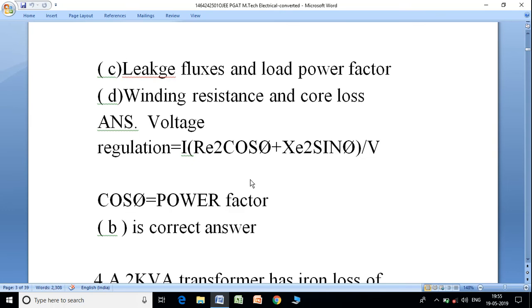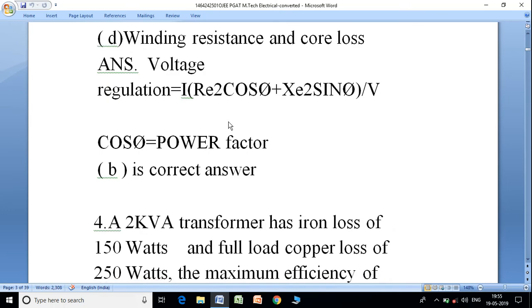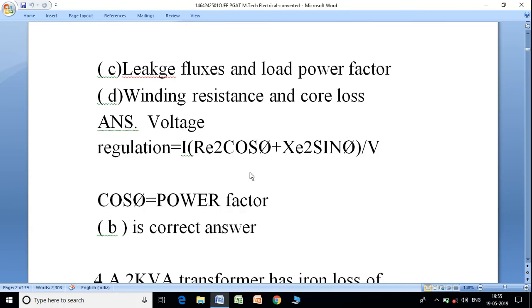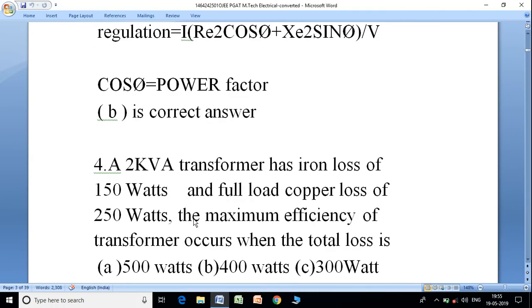So generally it is more affected by winding resistance and load power factor. So answer B is the correct answer.